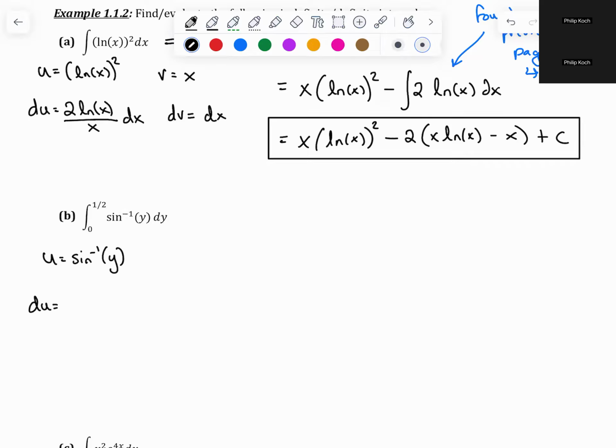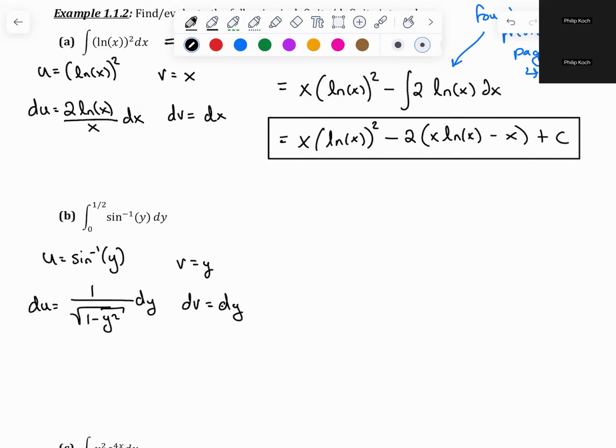So du will equal, we'll have to know our inverse trig derivatives. Do we remember them? That's correct. 1 over the square root of 1 minus y squared, dy, and dv, there's nothing left. So it'll be dx, or dy in this case. So v will equal y.